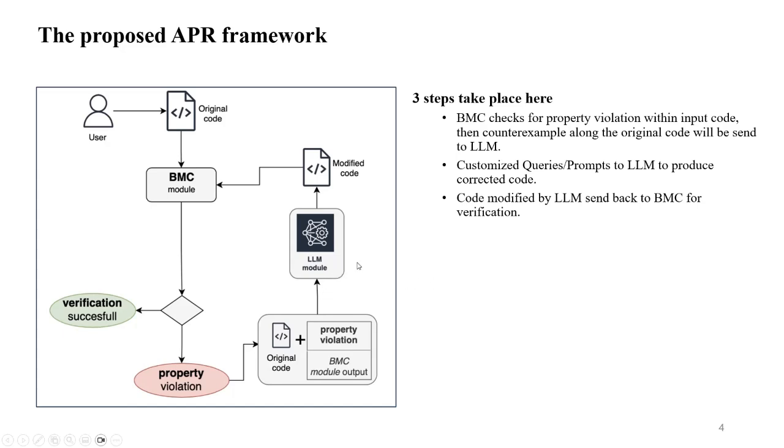We know that LLMs are excellent at text processing and identifying text semantically. So the LLM module will infer on those inputs. Then it will correct the code, producing modified code. This modified code will be sent back to the BMC for further checking. If the program is correct, it will be verified as a successful verification. If not, this loop will continue until the bounded limit set by the user is reached.